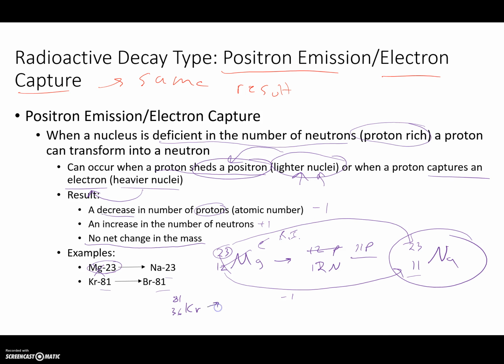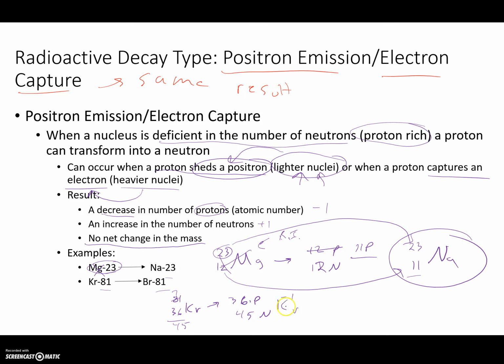So in this case, I would have 36 protons, and 81 minus 36, this is why the calculator might come in handy, is 45 neutrons. All right, so if I add those two numbers up, I get 81. All right, so we're still saying this is deficient in the number of neutrons. All right, so this ratio, 36 protons to 45 neutrons, is not stable for krypton.